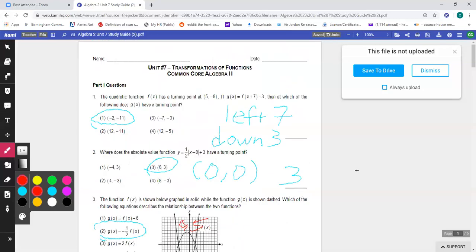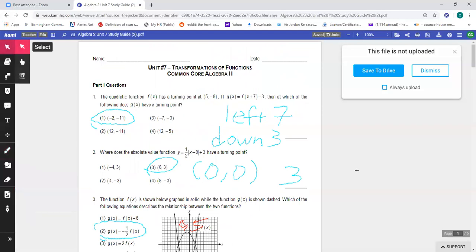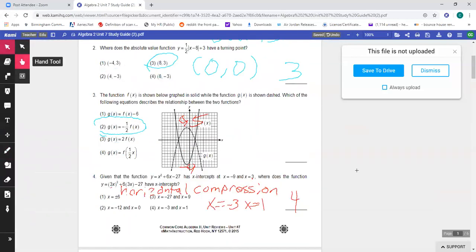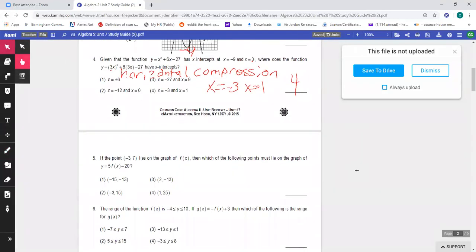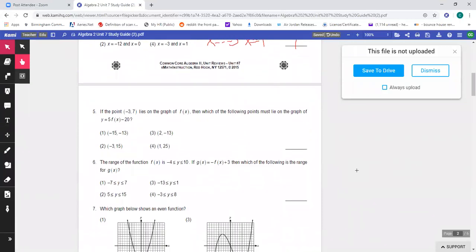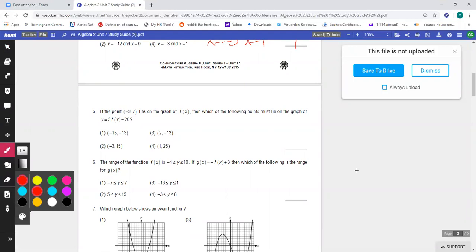Okay. Now let's go ahead and go to number 5, the next page. So if the point -3, 7 lies on the graph of f of x, which of these points must lie on here. So this is going to be a vertical stretch of 5. And then this is going to be down 20.